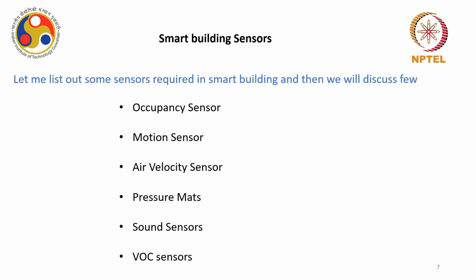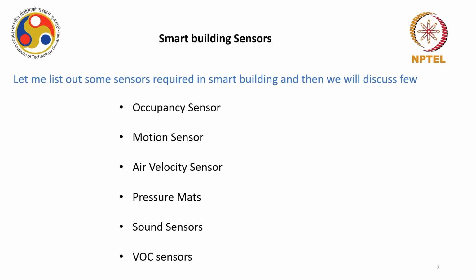Then another kind of sensor which is very essential in smart buildings is air velocity sensors. Air velocity measurement inside a building is very important, particularly for the comfort of the occupants. So we'll see some of the air velocity sensors required for better building management.